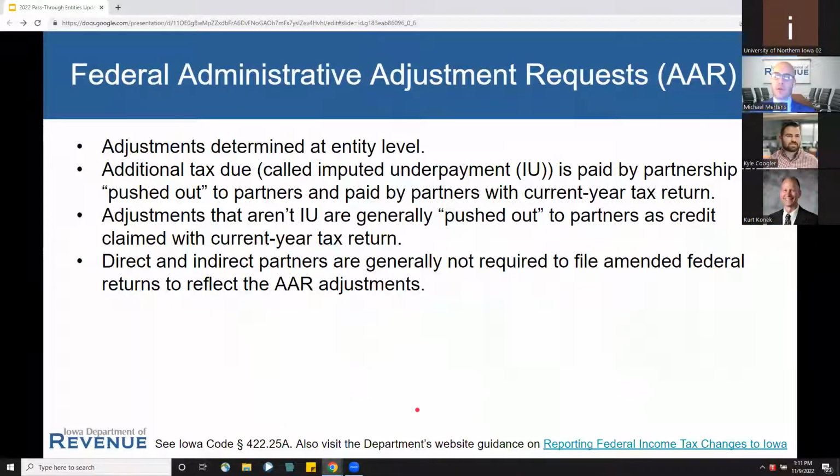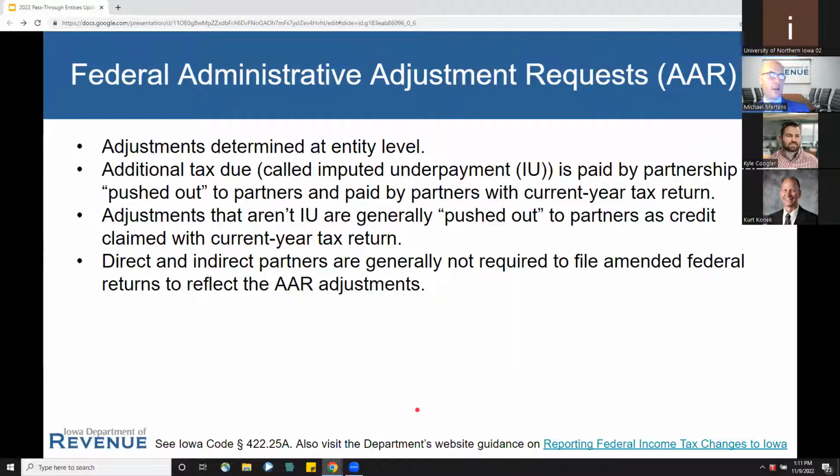Adjustments that amended return or administrative adjustment request adjustments that do not result in an imputed underpayment are generally pushed out to the partners, and they're eligible for a credit with their current year tax return. This is very complicated at the federal level, and this is not the forum to go through those changes and those procedures in depth.